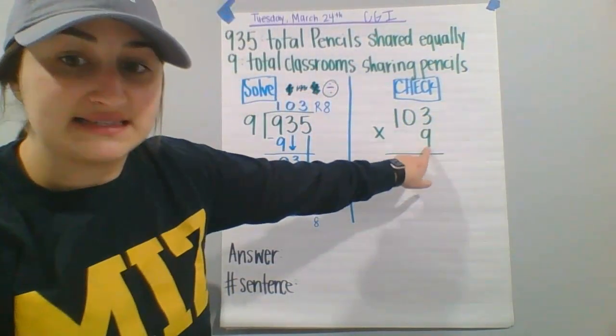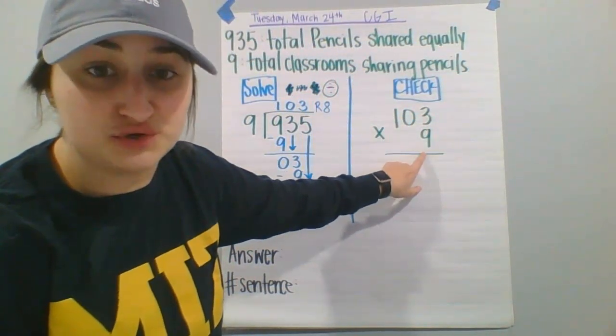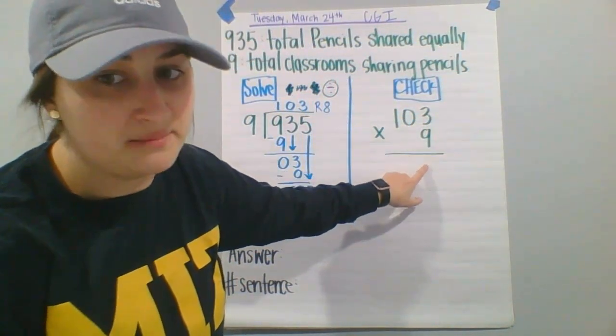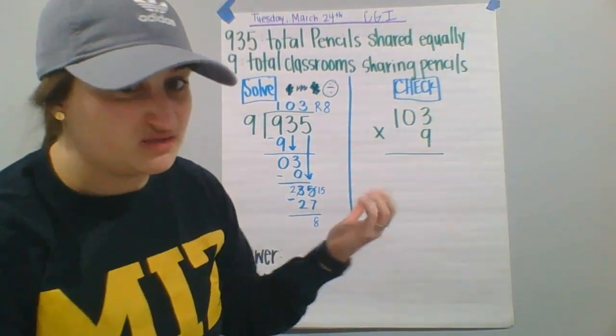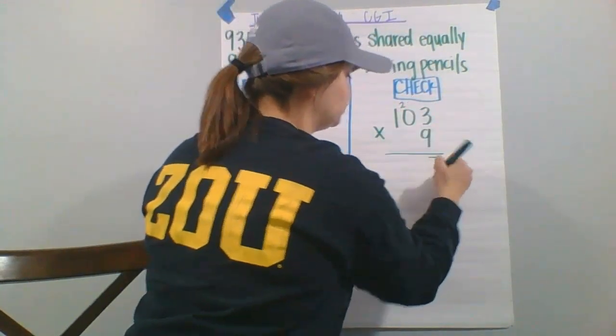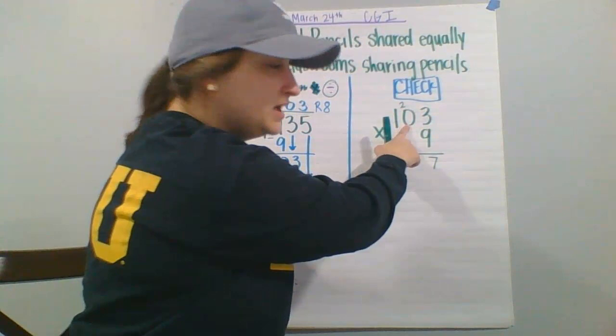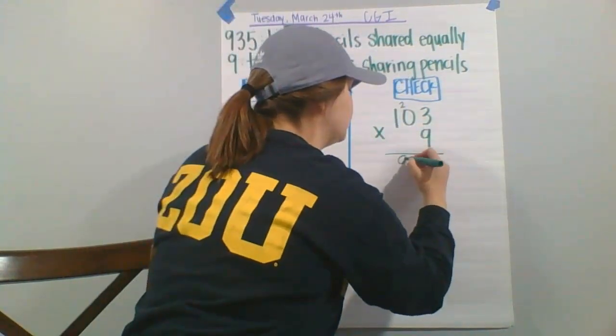Because it's a single digit number multiplying by a multi-digit number, I'm going to just use the standard algorithm method instead of lattice, because this is just as simple. 9 times 3 is 27. 9 times 0 is 0, plus 2 is 2. 9 times 1 is 9.